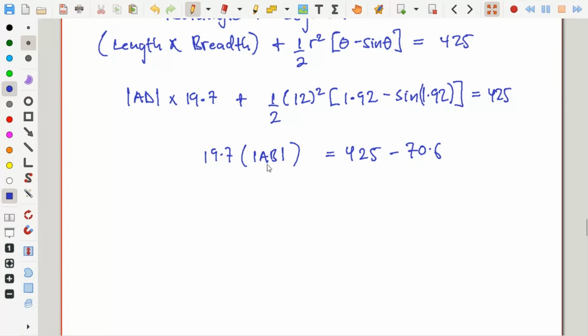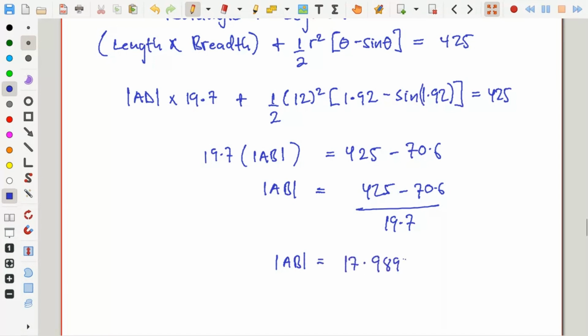Now divide both sides by 19.7. So let's see what you get. Okay, so I'm getting 17.9898.